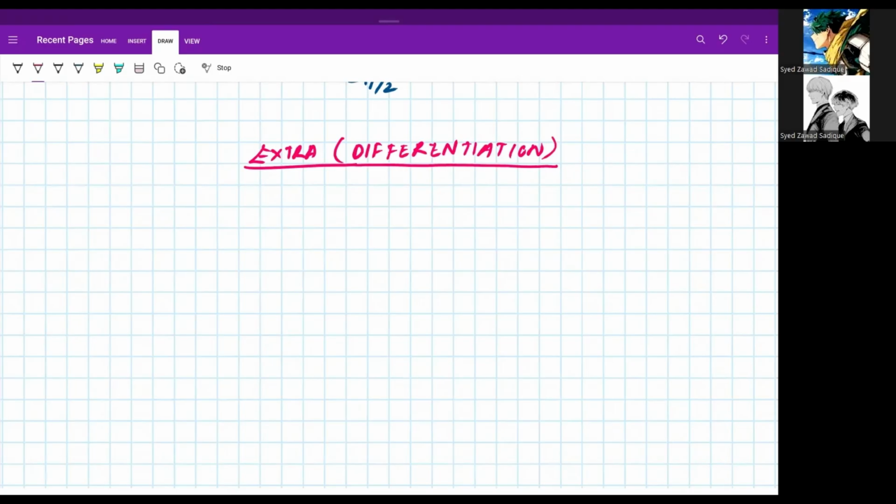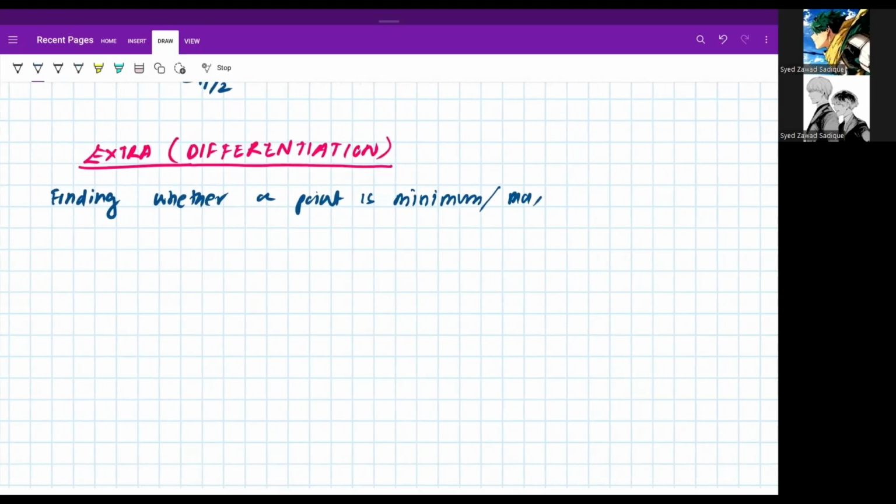Okay, this is what I like to call it. Finding whether a point is minimum or maximum.